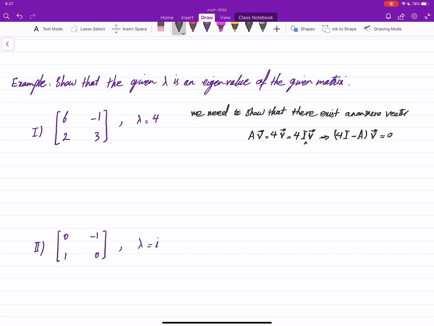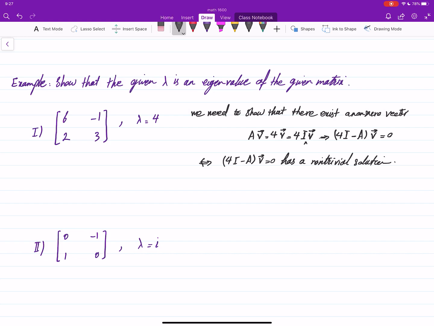So it is equivalent to show that (4 identity minus A) times v equals 0 has a non-trivial solution.